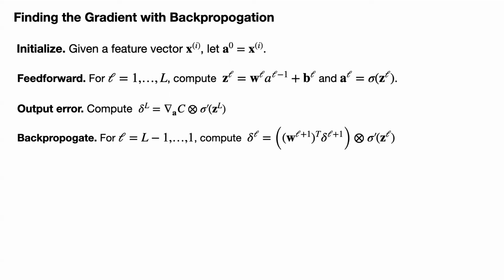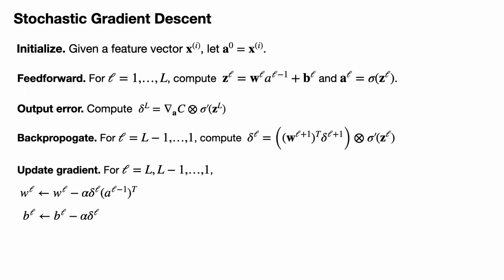And then we use that error to compute all the previous errors. So we get a bunch of error vectors. And once we have those, we update the gradient. Again, it's in vector notation now, but it's the same idea. Error times coefficient, times the learning rate, for W, and just the error, times the learning rate, being subtracted off for the bias.